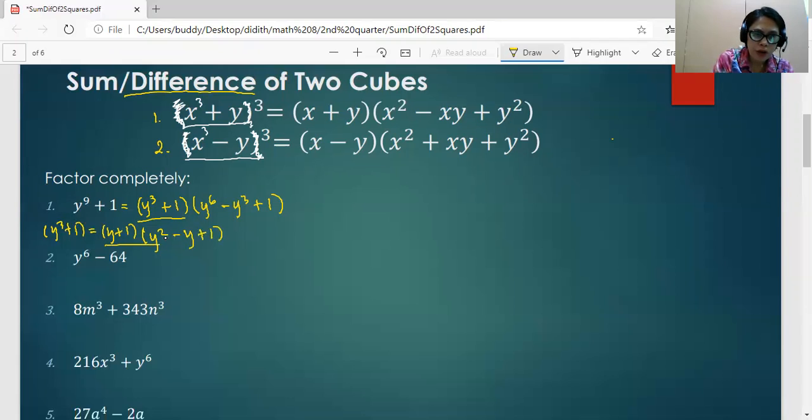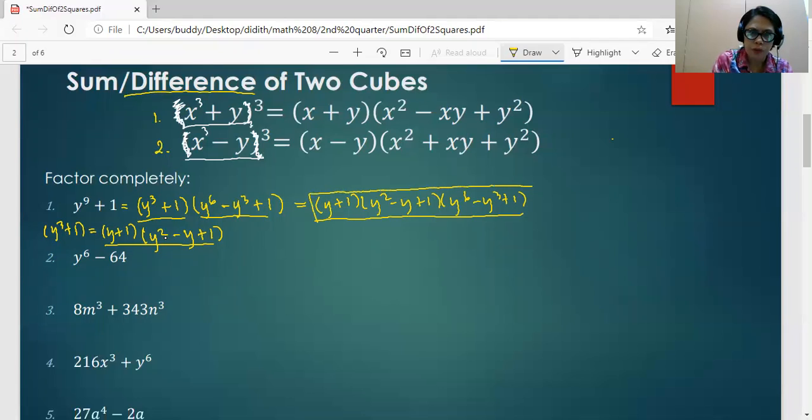So these two factors, along with this factor, are the final factors for number 1. So we have y plus 1, y squared minus y plus 1, and then y to the 6 minus y cubed plus 1. So these three are the final factors for number 1 expression.